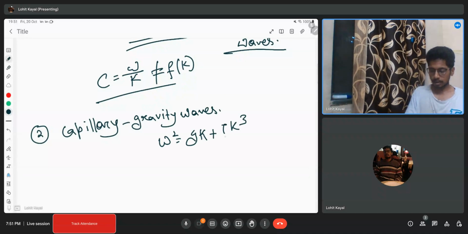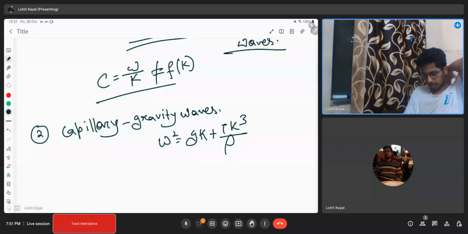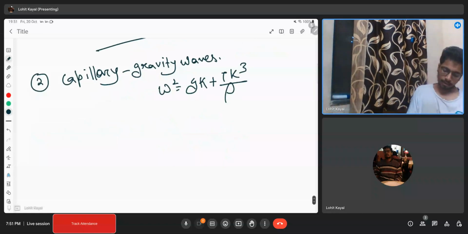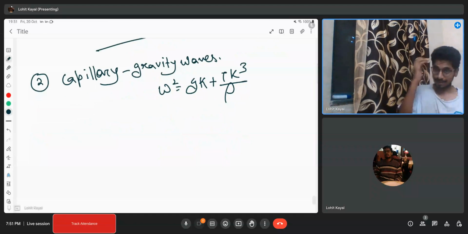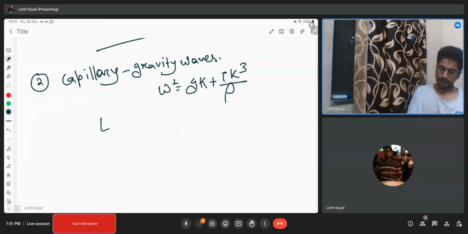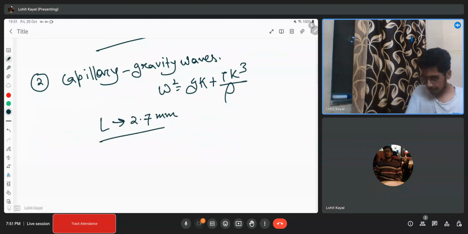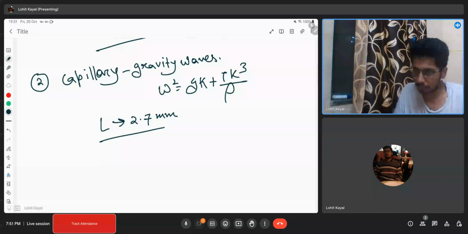It is omega squared equals gk plus Tk cubed by rho. Okay, this is the dispersion relation. We have defined a length scale L. L is 2.7 millimeters. This is the capillary gravity length scale for the air-water interface.